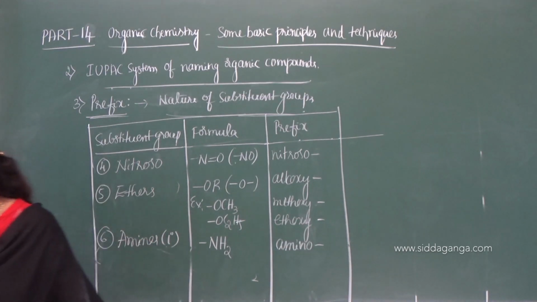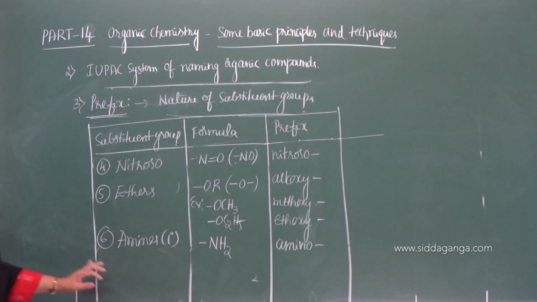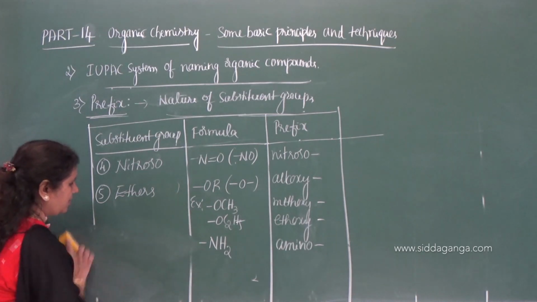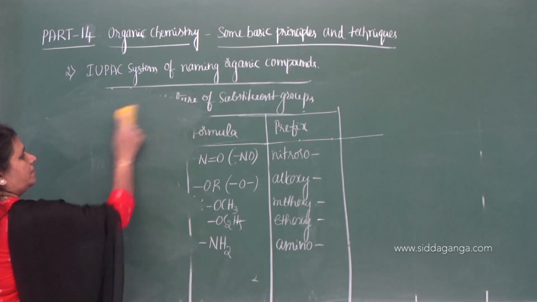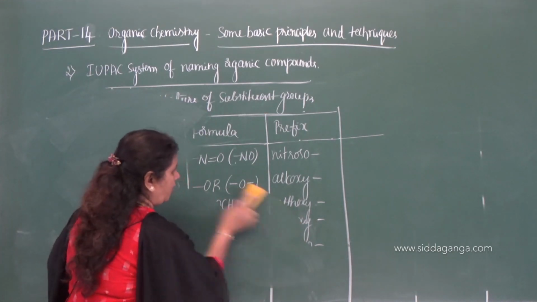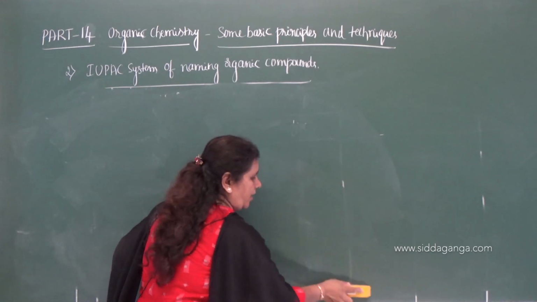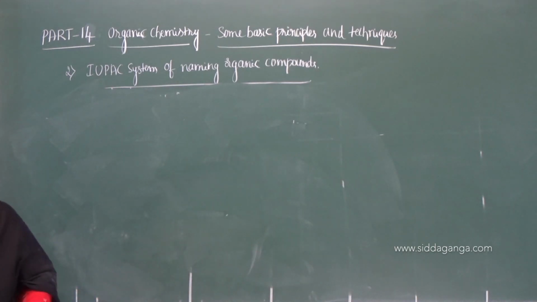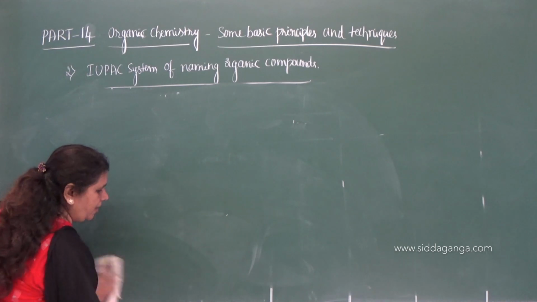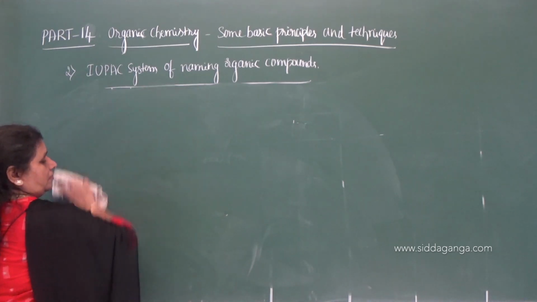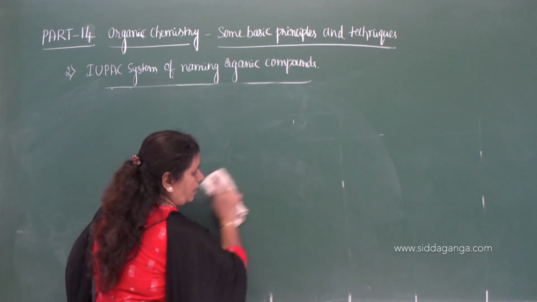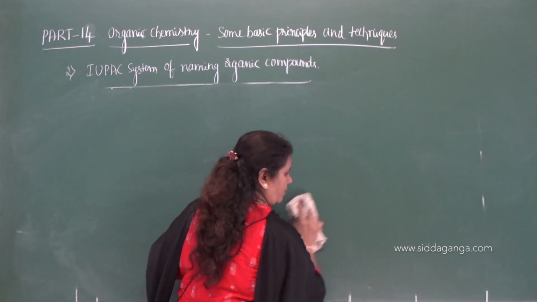Now let us combine all three parts of the IUPAC name, then we'll get the IUPAC name of the organic compound. Then what are the three parts present in the IUPAC name of the organic compound?